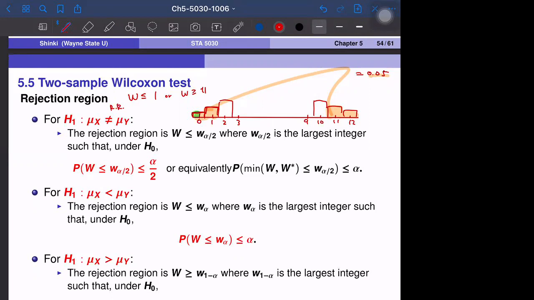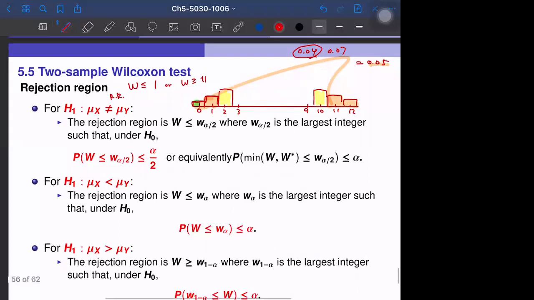If the sum of the two areas is only 0.04, but with additional bins the probability becomes 0.07, then we have to take the smaller one. So the rejection region is still W smaller than or equal to 1, or 11 or larger. And for a one-sided test, we can just think about the one-side probability.